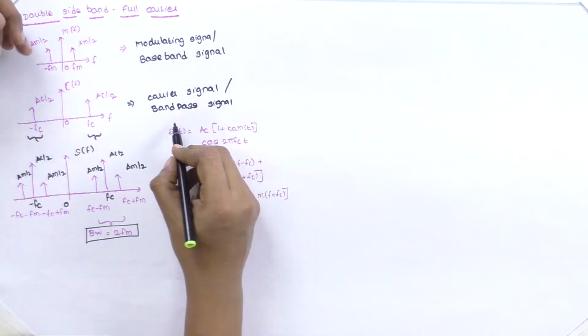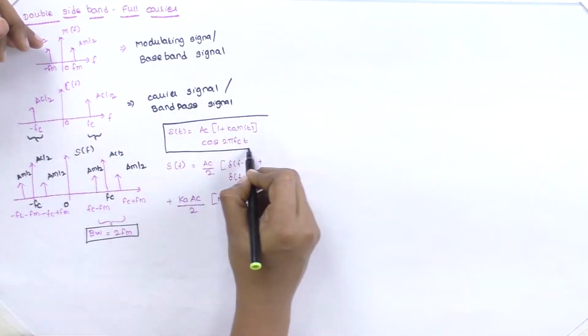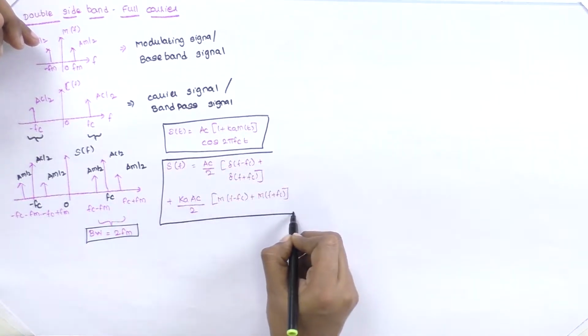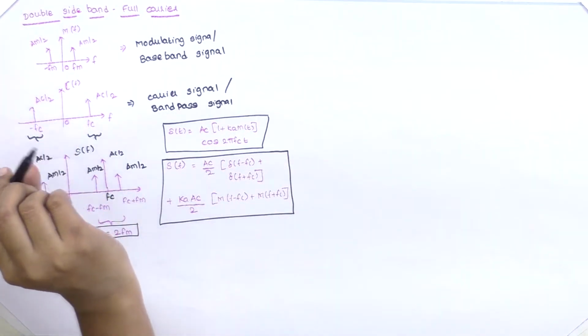These two are the time domain and frequency domain representation of double sideband full carrier amplitude modulated wave.